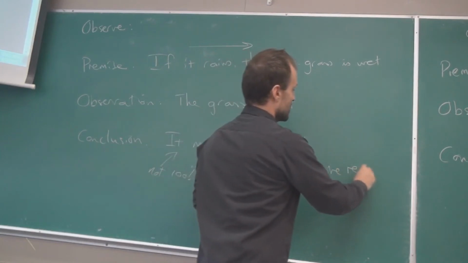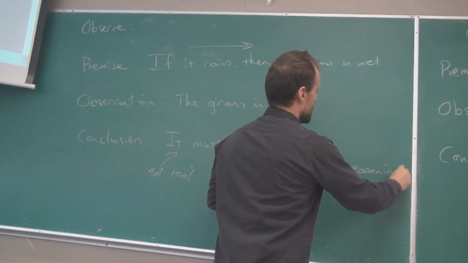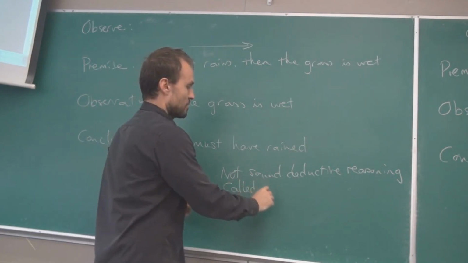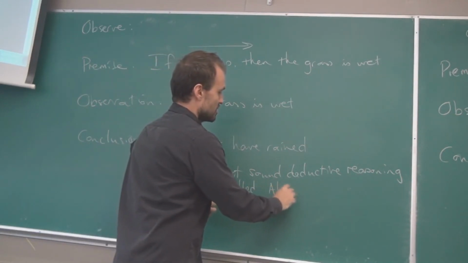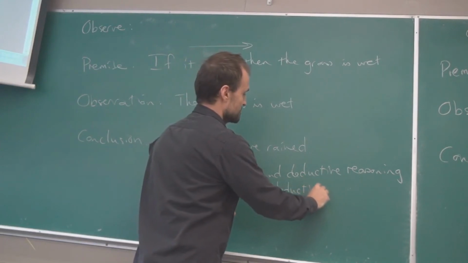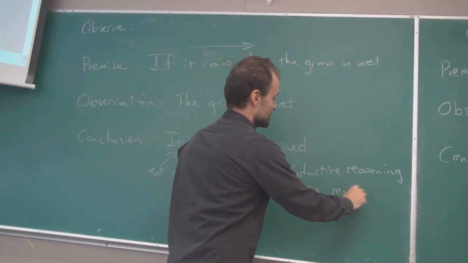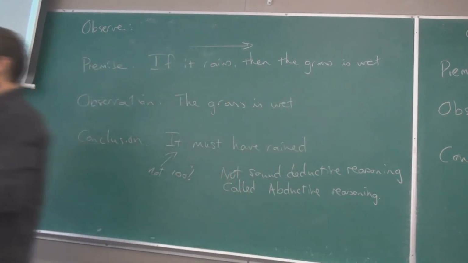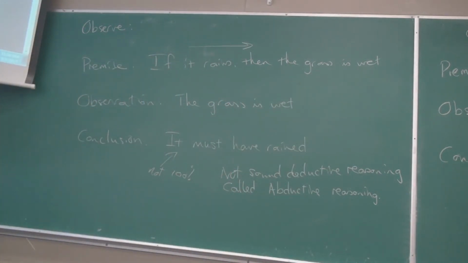So this is not sound deductive reasoning, but it happens so much that we give it a name. Can't remember where the name comes from. It's called abductive reasoning. Maybe you're abducting part of the premise. I don't know. Sure, it comes from something.